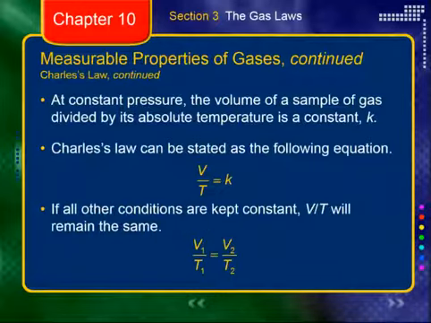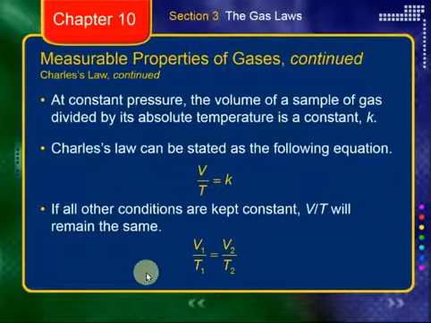Now, when we're going to be doing calculations with Charles' Law, we're going to be using, again, a very simple equation. We have the relationship between volume and temperature as direct, right? When we carry out this division, we will always have a constant because when one changes, the other will change in the exact same way, so the ratio will be the same.